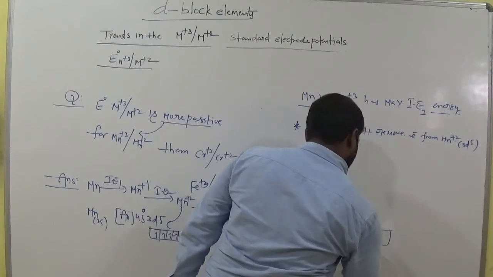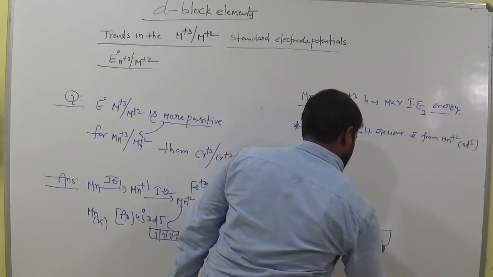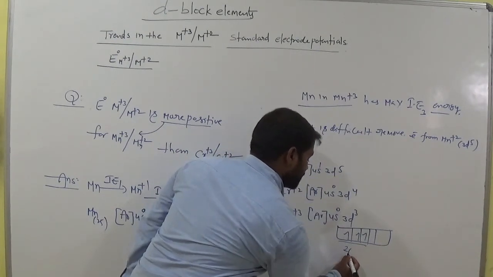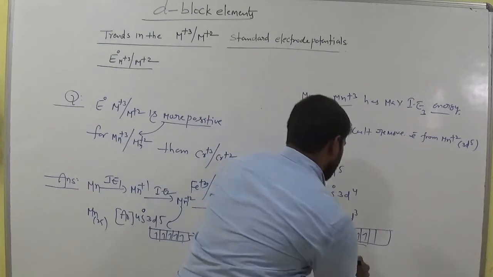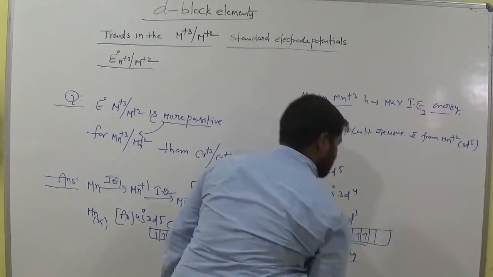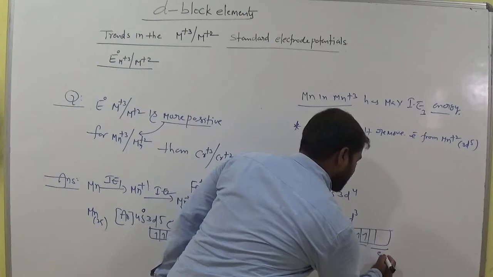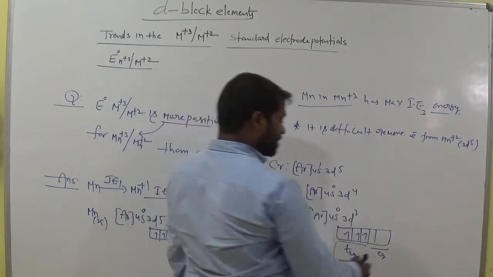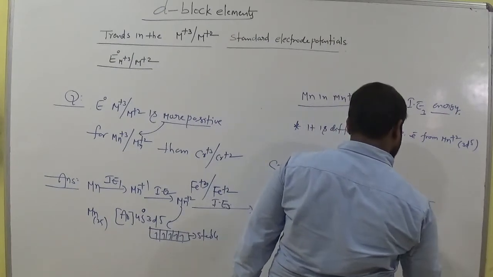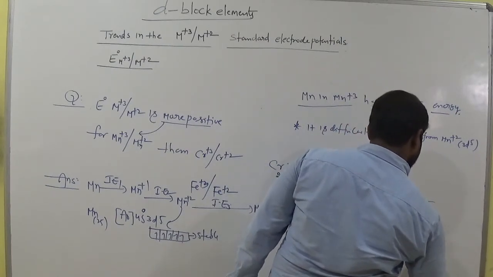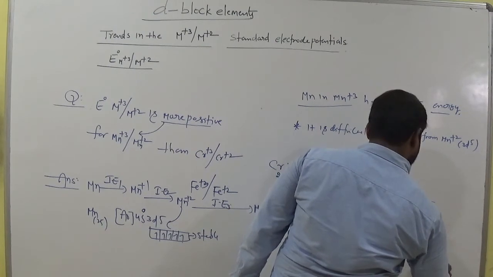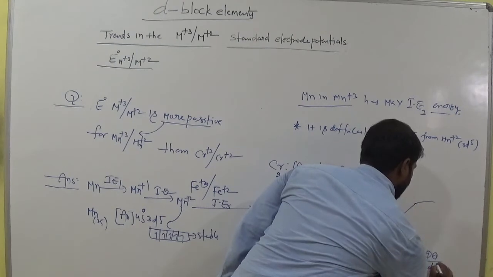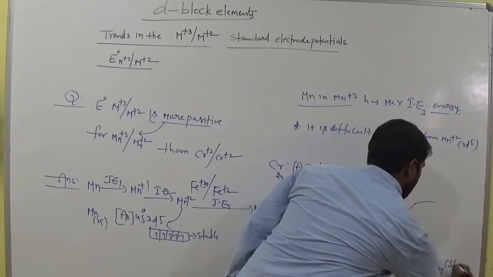In 3d3, there are only 3 electrons, in the t2g orbitals. These are stable, with single electrons, as we already discussed in crystal field theory. Half-filled t2g is stable.